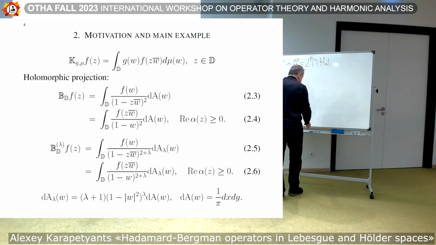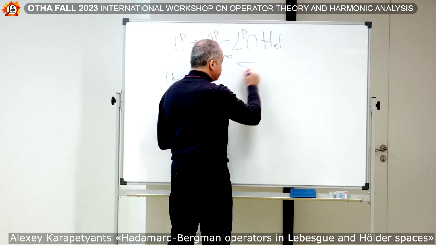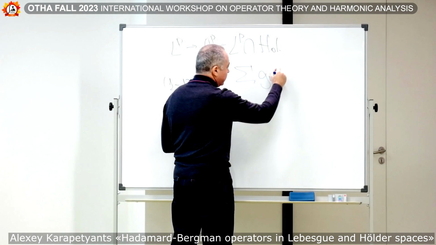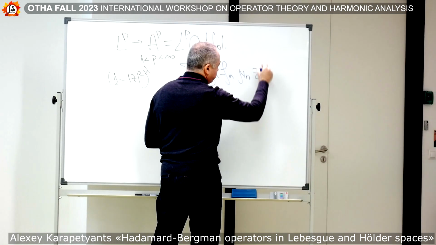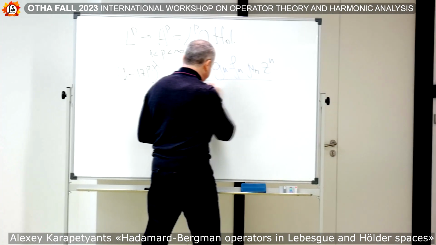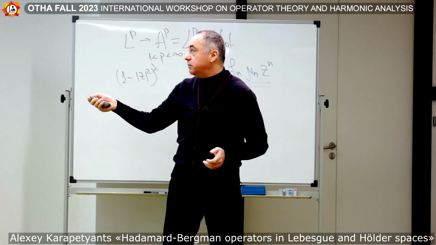And if both functions are holomorphic, then of course you have multiplier operators. So you have something like this: the sum of g_n f_n up to some mu_n z^n. So the first operator here is nothing but a multiplier operator.